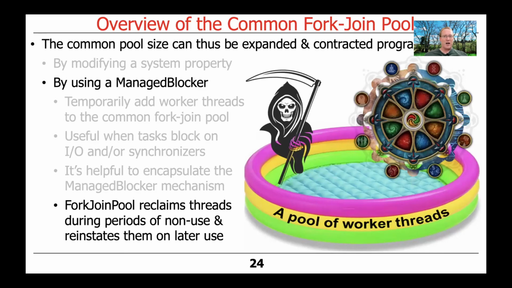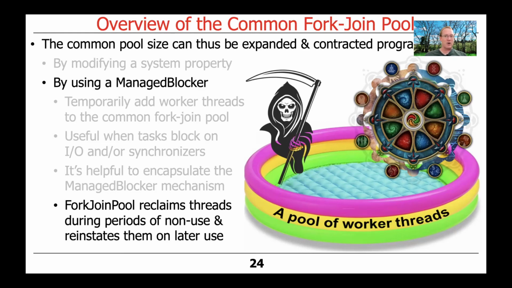So the way this works is, when you're going to do an operation that might block or will block, the managed blocker coordinates with the common fork join pool implementation. It arranges to temporarily add a new thread to the common fork join pool while you're blocking.